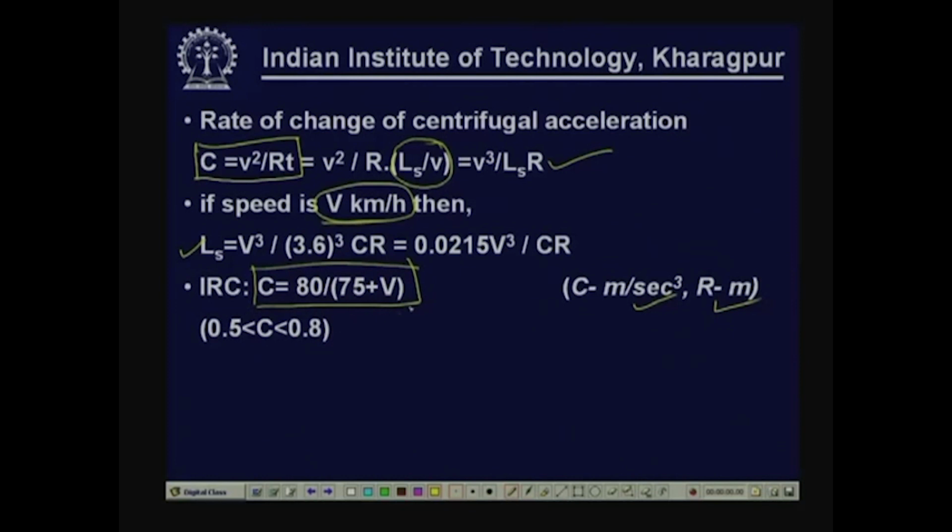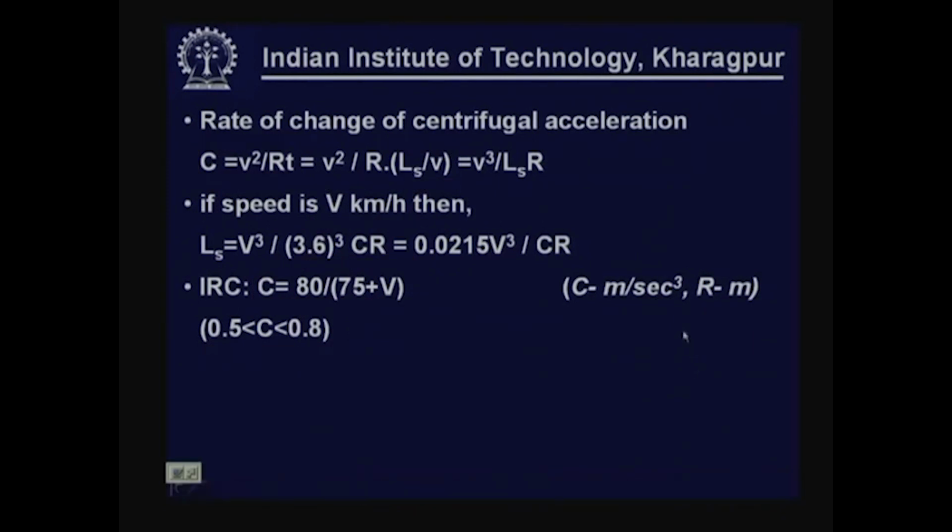And IRC also recommends that C value should be between 0.5 to 0.8. So, use this empirical formula, check this limit and take the acceptable value of C, accordingly calculate the value of length of the curve. So, this is based on the first criteria.